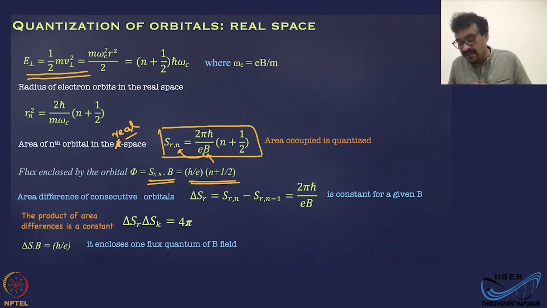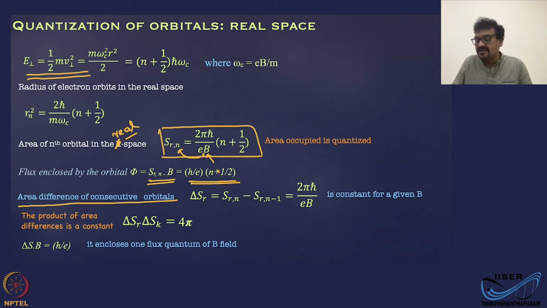It's really surprising, because just by simple treatment, what you are seeing now is that the flux enclosed by any orbital is actually quantized in units of h by e, where h by e is the flux quantum, okay, quantized magnetic flux: (n plus 1/2) h by e. So now the area difference between successive, consecutive orbitals, delta S_R, is also quantized.